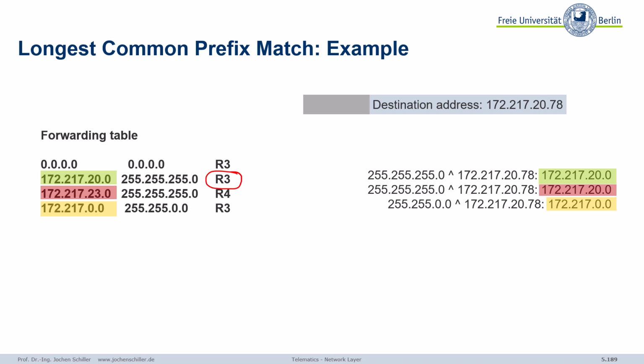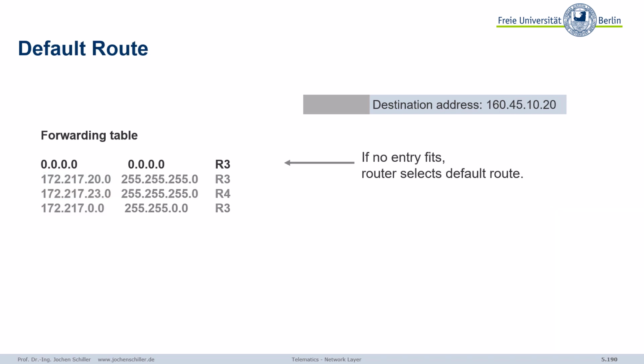Okay, so what happens now if an arbitrary packet reaches the router? You see here a destination address where you will not find any matching prefix. None of the prefixes here match. This is why we always have a default entry. So if no entry fits, the router selects the default route.